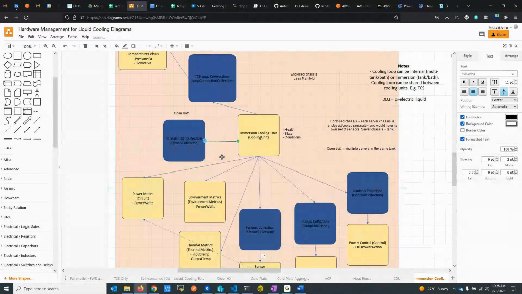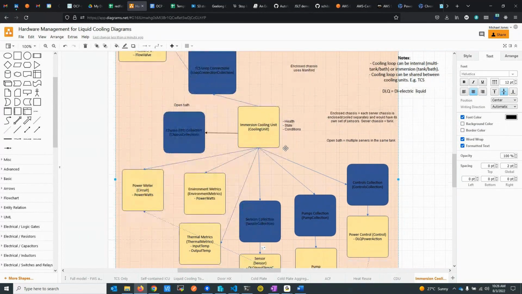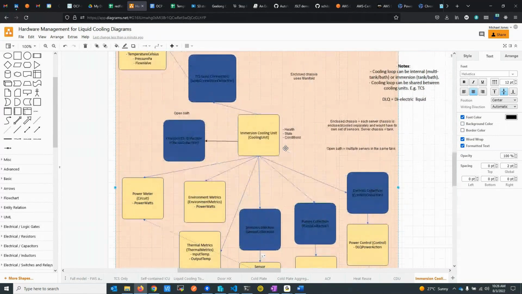And obviously that chassis collection will then have a bunch of chassis representing your ITE equipment, but I won't bother putting the chassis in now just to save some time. Okay, let's just continue on. Is that clear? Are there any questions about what I just rapidly rearranged?